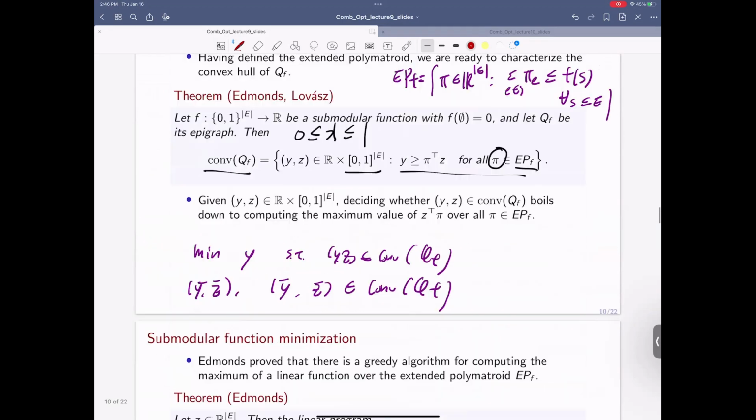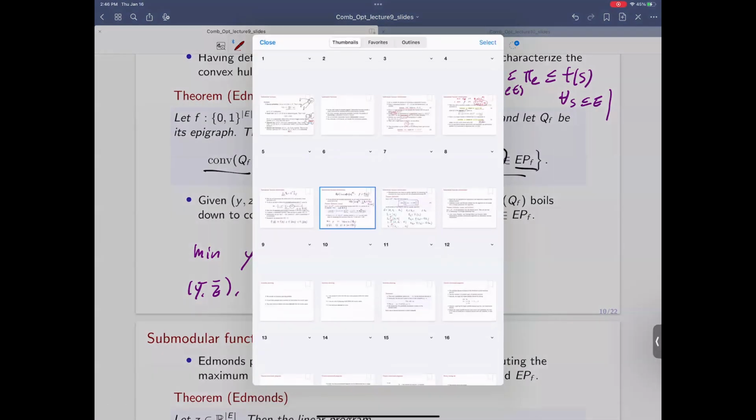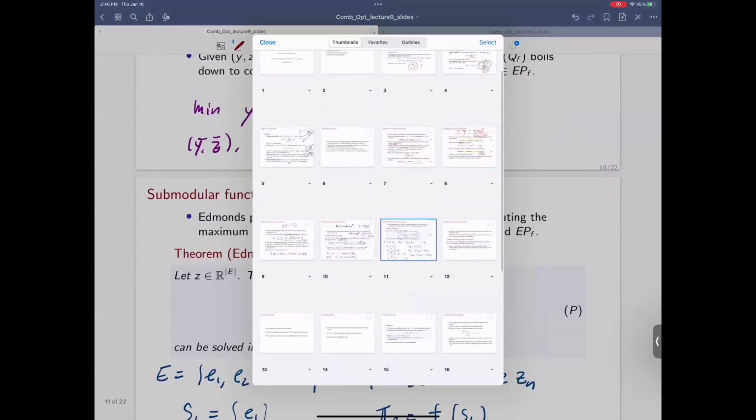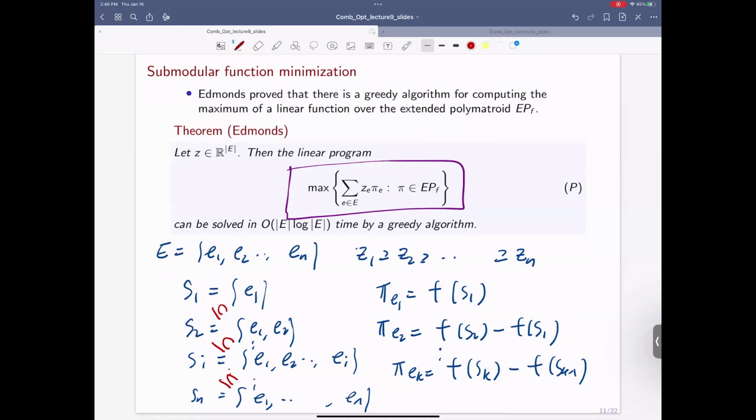You start with this linear program where there's no constraint and you have a single variable in the objective, and you separate one inequality at a time, and the separation can be done by solving this problem with this efficient algorithm.